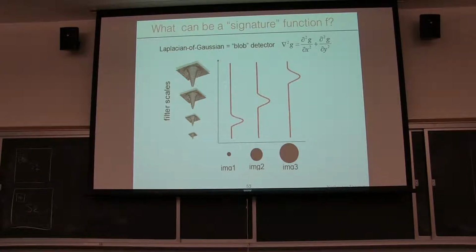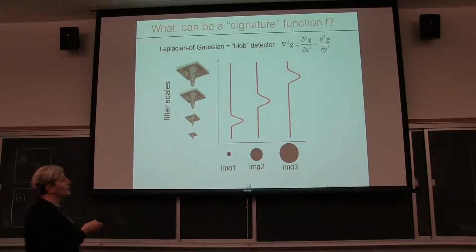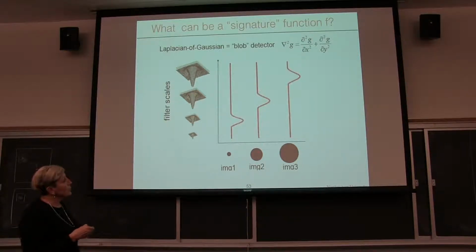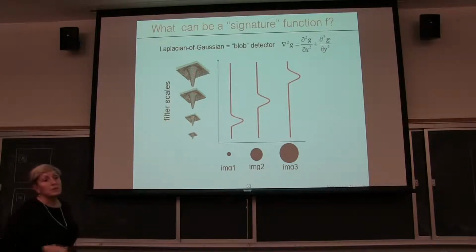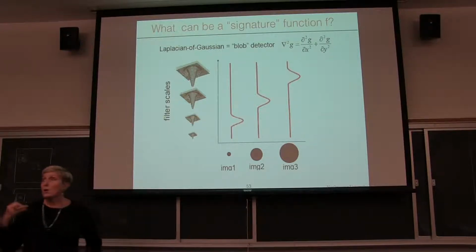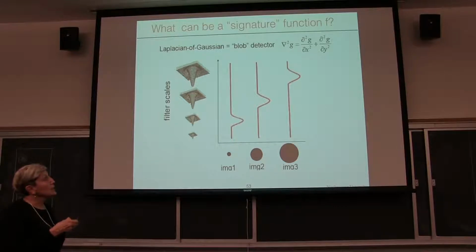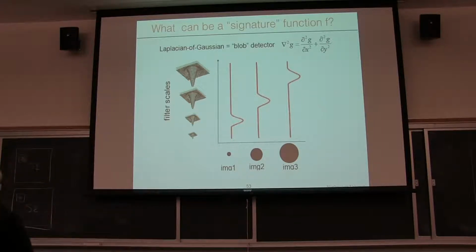So the smaller circle has the strongest response with the smallest of these filters. The middle one has a stronger response with the middle filter, and the largest one has the strongest response with the largest. Okay? So what I'm saying is I can use this filter to figure out what is the scale of this blob, of this patch.